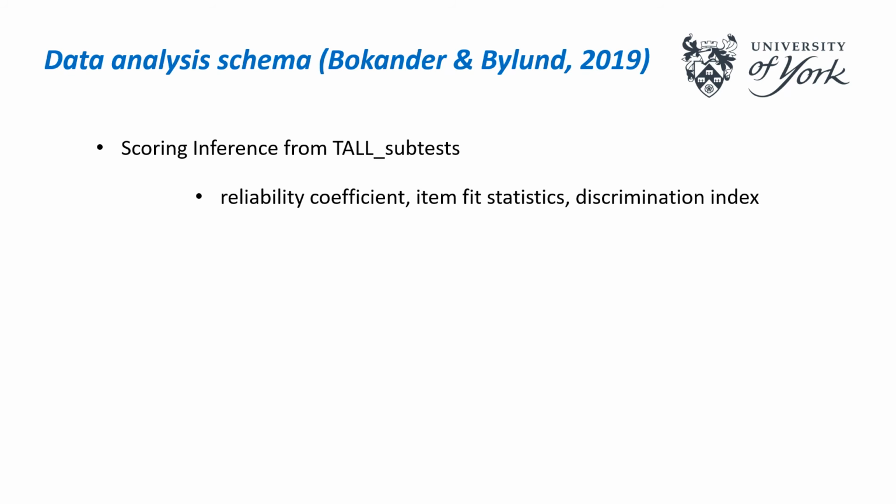Basically, it starts from the observed score in the subtests to draw inference about whether the subtest is made up of good quality items. It then moves to investigate whether the subtest is representative of all possible samples of universal items by using the Rasch model to test the fitness.